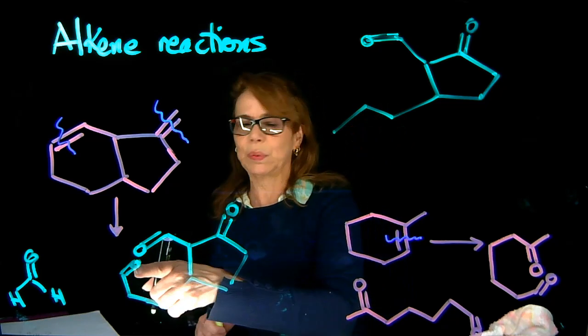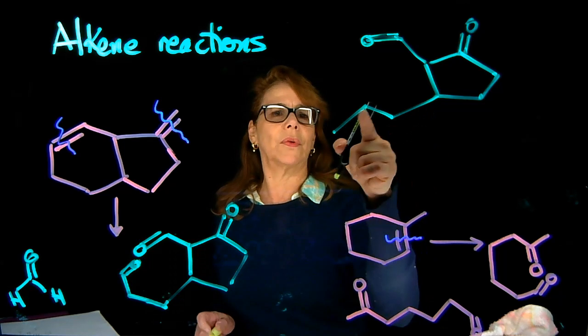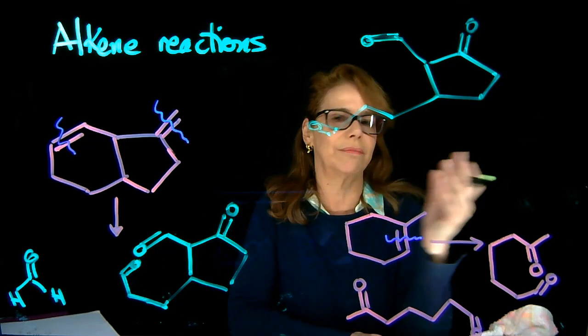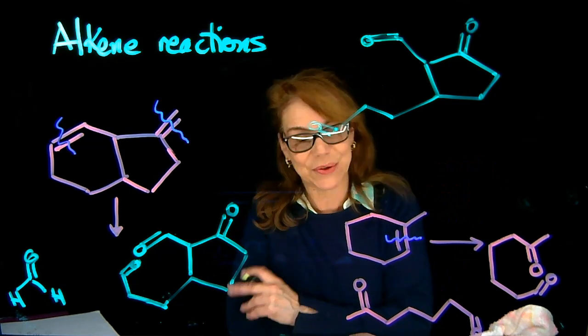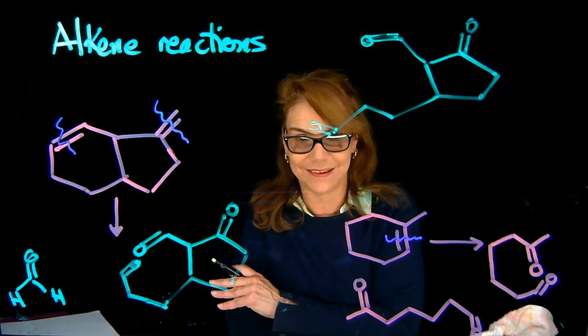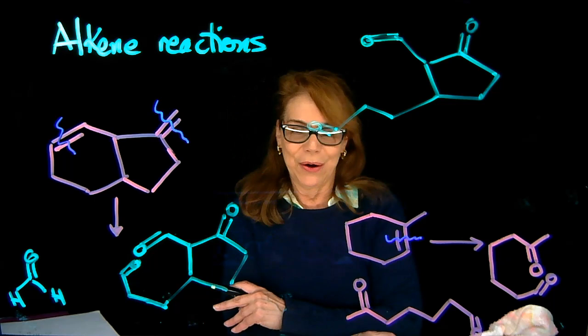Now I'm not simply going to put it going down, right? 1, 2, and 3. 1, 2, and 3. There are several ways of drawing, but now it doesn't look that crowded, right? So the only thing you do is, ozonolysis will cleave, will break double bonds, and you will insert oxygens on each side. All right?